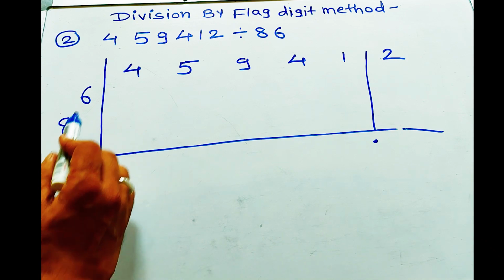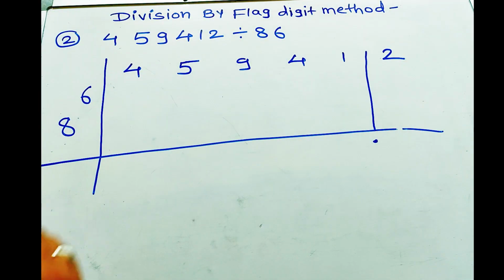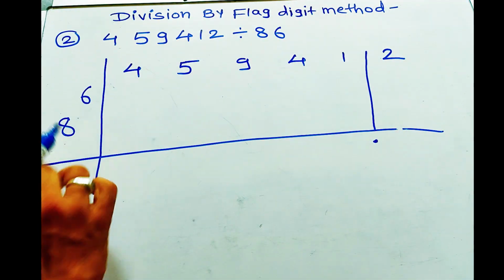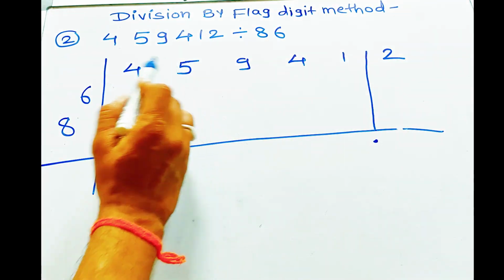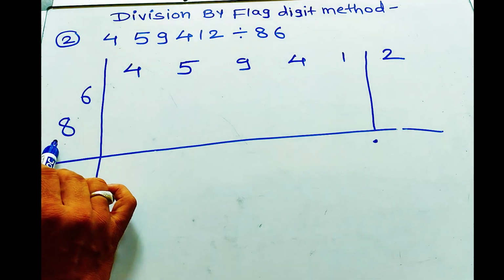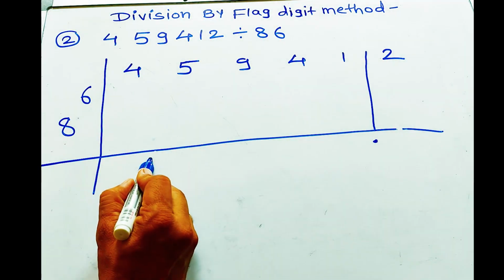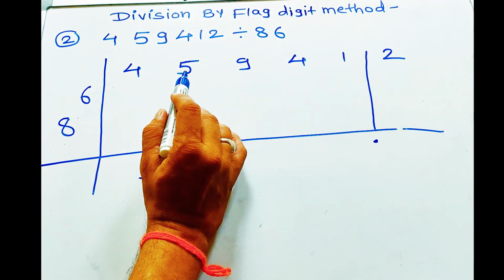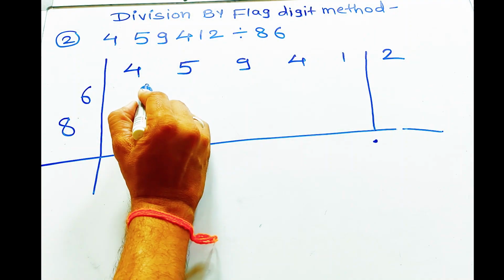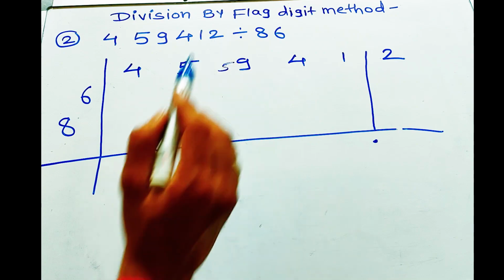Again 8 divided by 4, 4 is less than 8, so we take 4 and 5, that becomes 45. 45 divided by 8, 8 5s are 40, so we write 5 here.